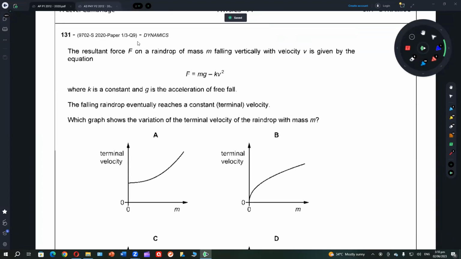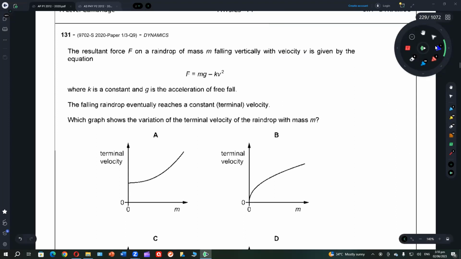The resultant force on a raindrop of mass m falling vertically with velocity v is given by this equation, where k is a constant and g is the acceleration. The equation is very clear, looking for weight minus kv squared.